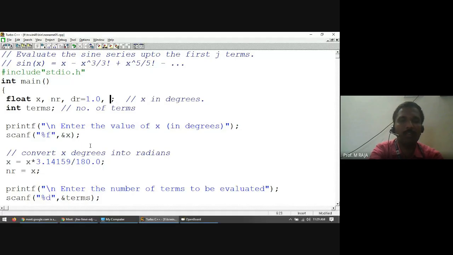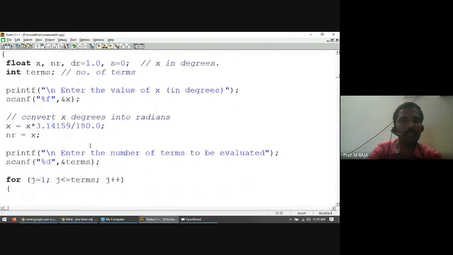This has been set to 0. If we write s is equal to s plus numerator by denominator, and this will be multiplied by one sign.